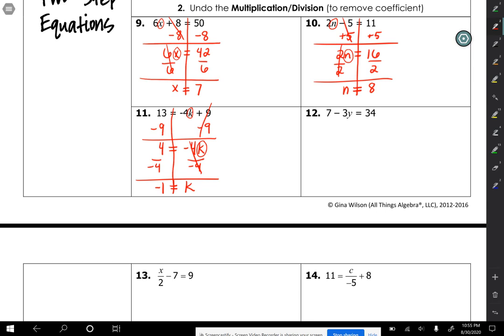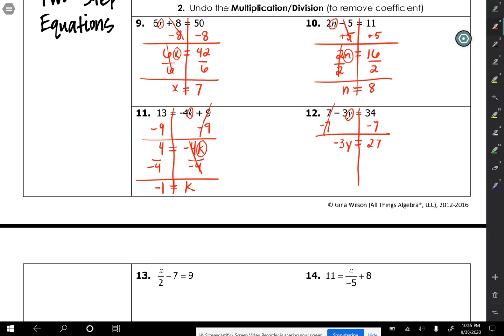Number 12, I have 7 minus 3y equals 34. I'm going to draw my line down the middle, circle my variable. All right, I need this positive 7 to go away first. So opposite of positive, I'm going to subtract 7 from both sides. These cancel out, leaving me with negative 3y equals 34 minus 7 is 27.